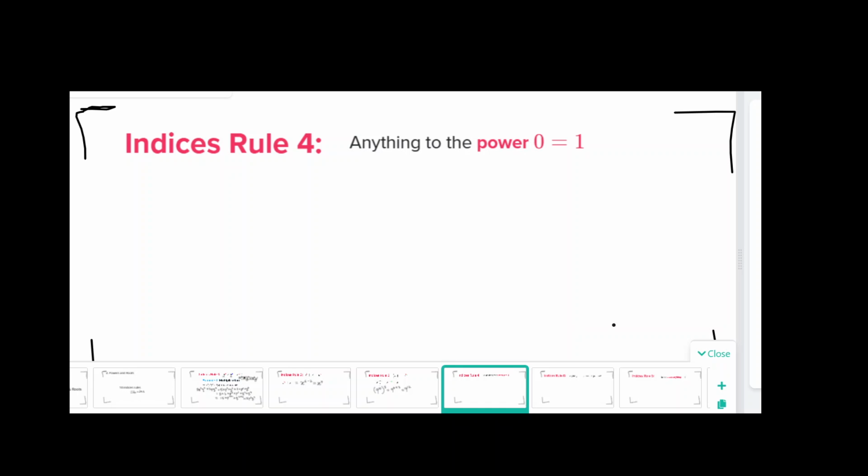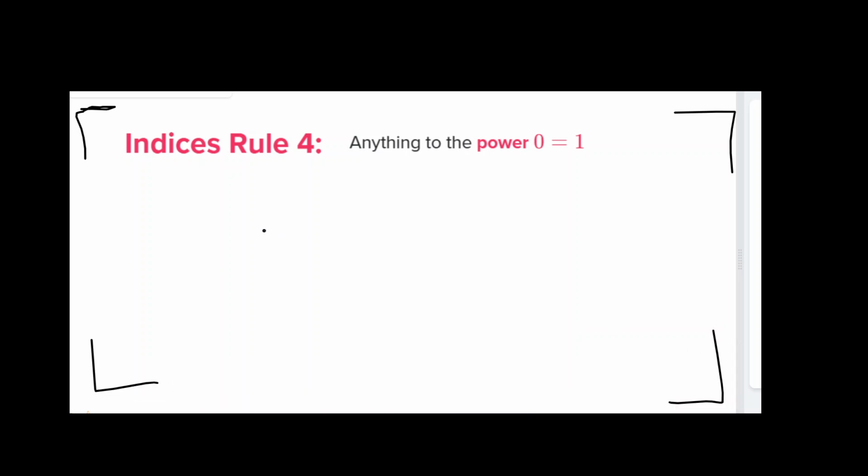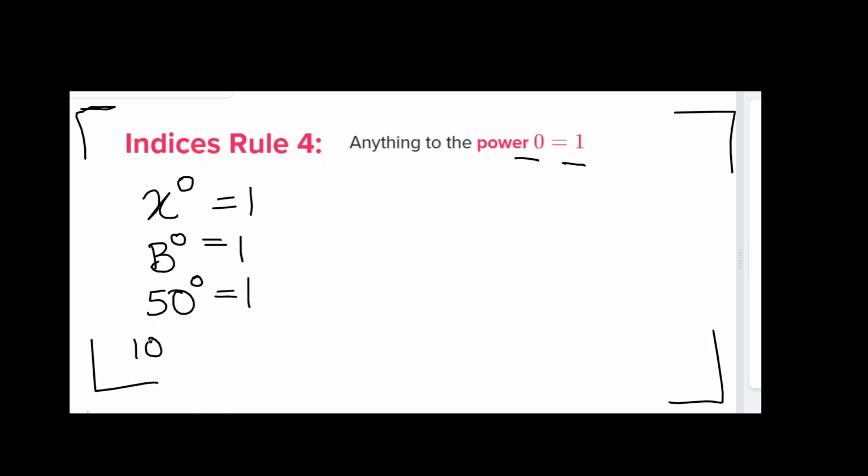Next one is rule 4. This is where it says that anything to the power of 0 is equal to 1. So if I have x to the power of 0, that is 1. b to the power of 0, that is 1. 50 to the power of 0 is also 1. 1000 to the power of 0 is 1.